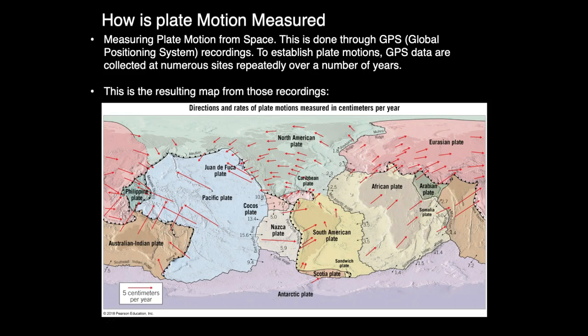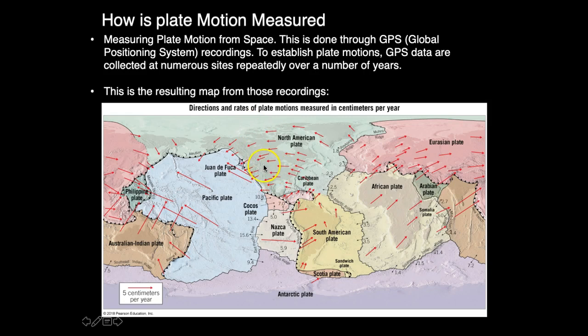So for example, the Nazca plate, which is down here, is moving eastward at a very high speed, and the Caribbean plate is moving northeastward at a fairly slow speed. As we saw, for example, in the Yellowstone hotspot case, you see that the North American plate is indeed moving pretty much southwestward.